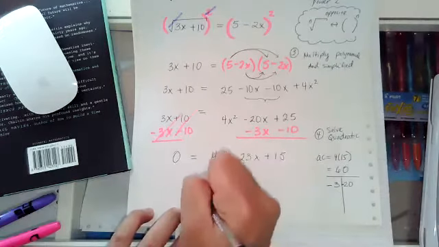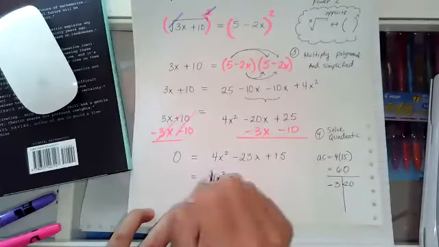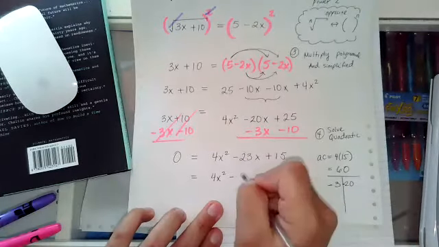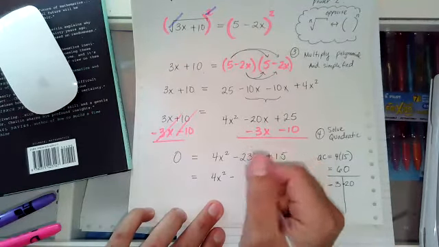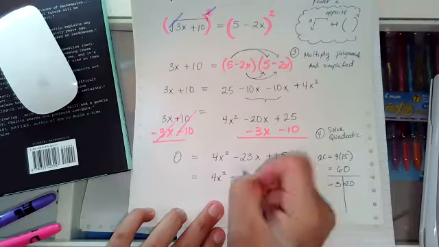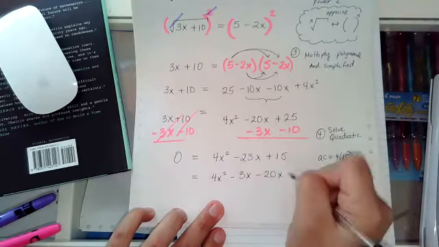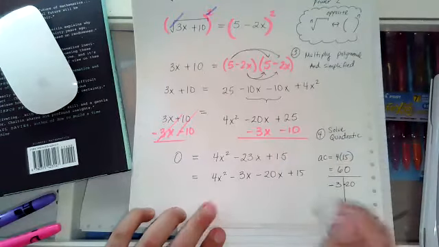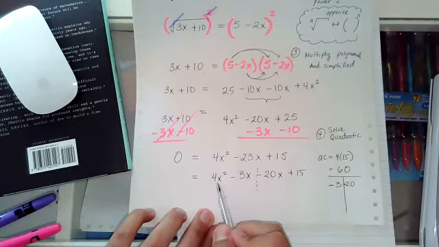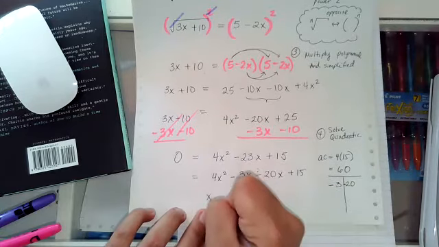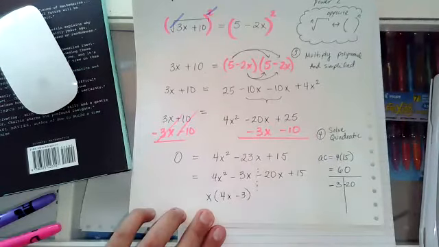So that means that I'm going to change this expression to 4x squared minus, you might put the 20 first. It really doesn't matter where we put these terms. Let me just put the 3 first. So 3x there minus 20x there plus 15. Then we're going to look at the first two terms, and they have an x in common. So we have x there, leaving us with 4x minus 3.